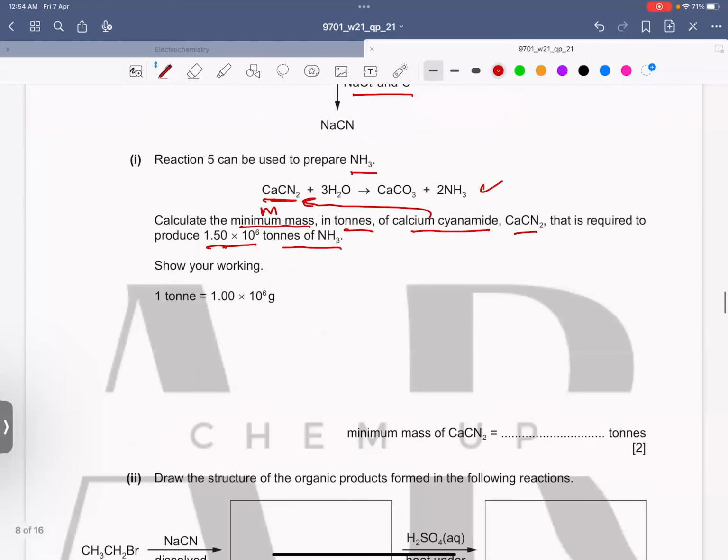First we take the ratio from the equation. If you look at the equation, I can take the ratio of mass of calcium cyanamide to mass of ammonia.